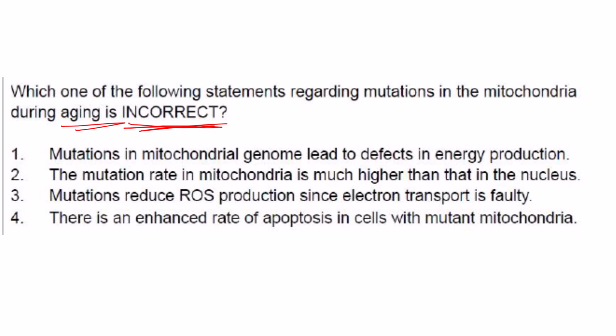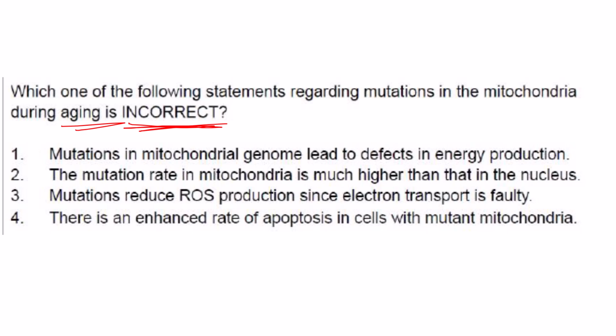And mitochondria also result in the production of reactive oxygen species during oxidative phosphorylation. So it can also result in increased mutation rate in mitochondria. Now, how does this reactive oxygen species form in mitochondria? The electron transport chain in mitochondria is involved in ATP synthesis through creation of a proton gradient.